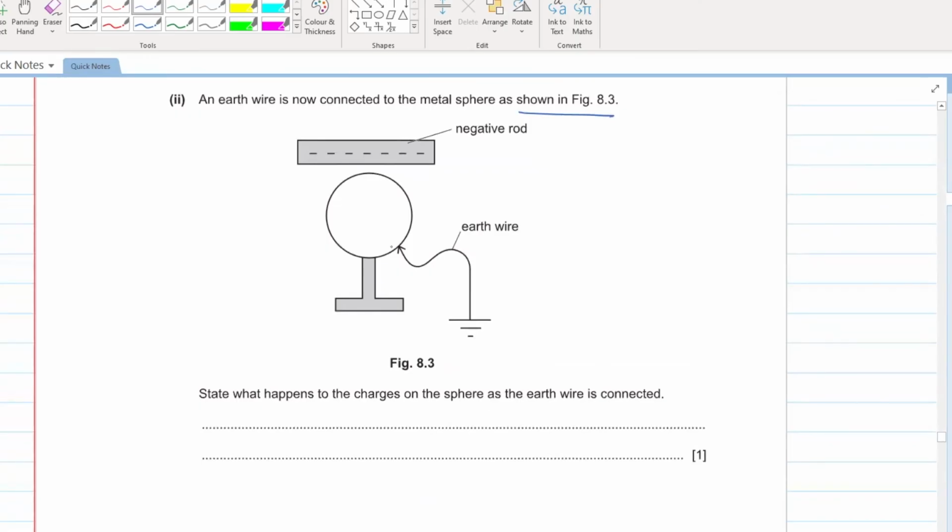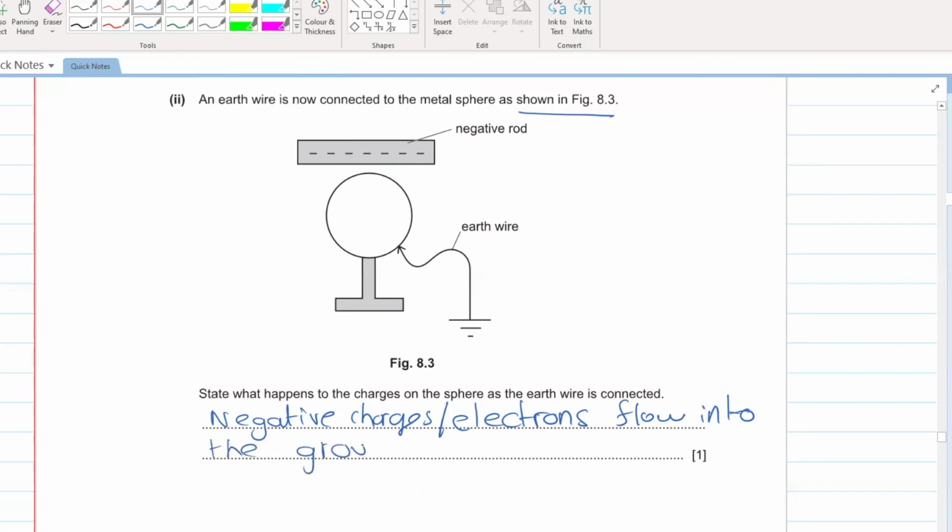Negative charges, or electrons, flow into the ground. Simple as that.